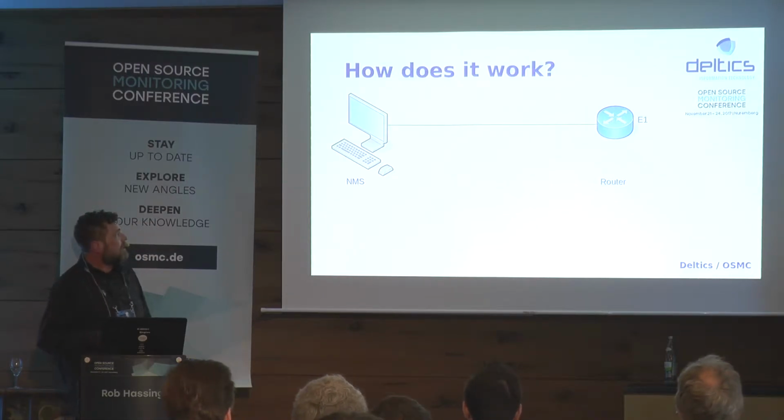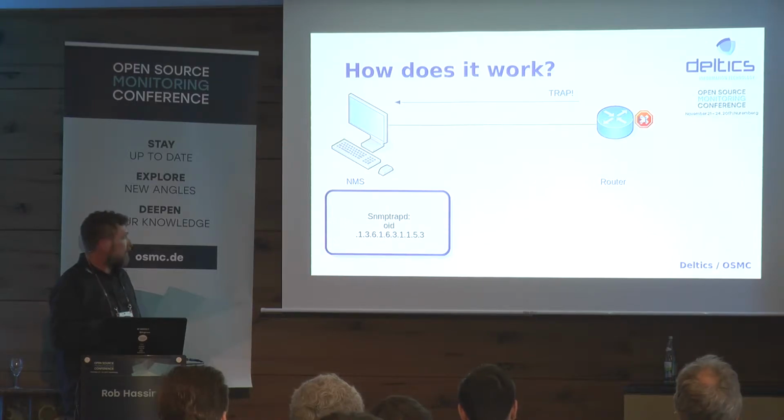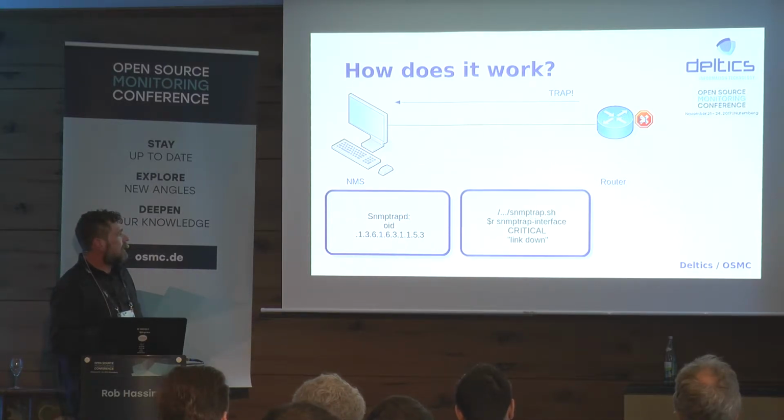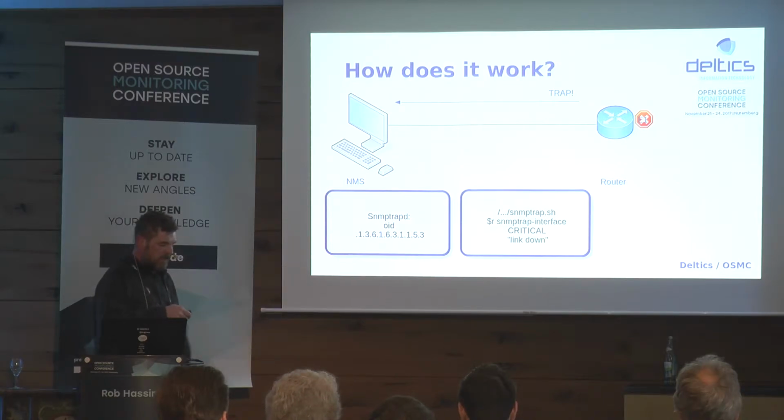So how I set it up: an Ethernet interface goes down, the SNMP trap is sent to the network monitoring system. It gets a completely unreadable OID, so I've got no idea what this means. I'll send it to my shell script, and what it does, it says, well, this is for a network interface that goes down.